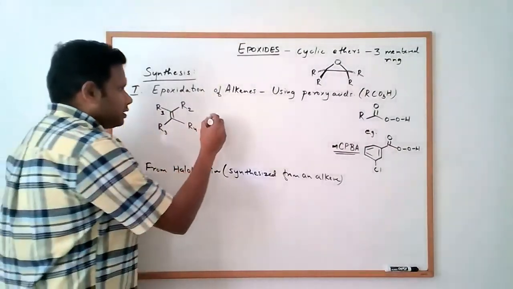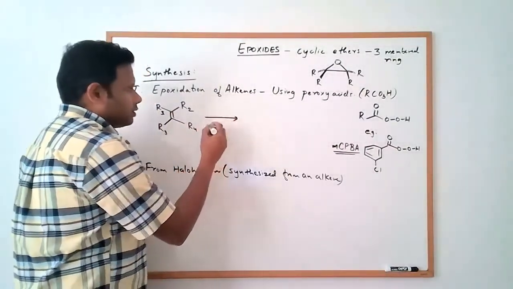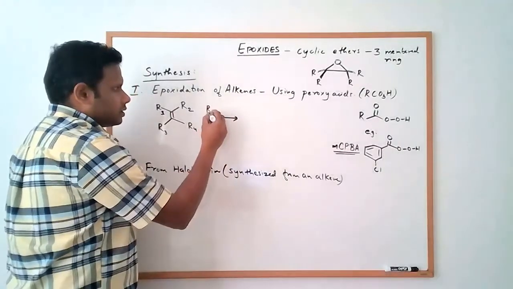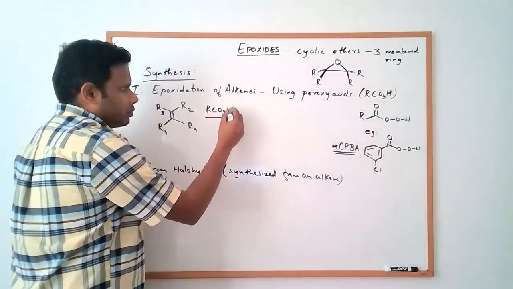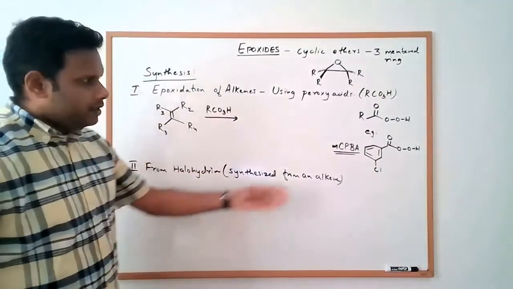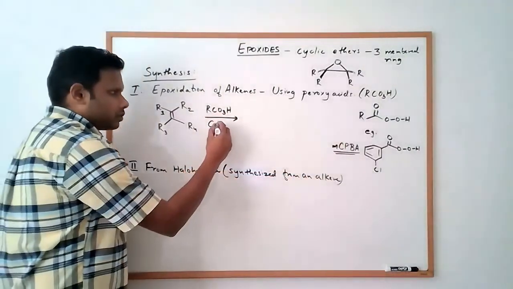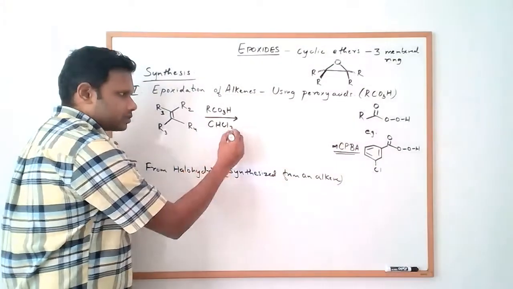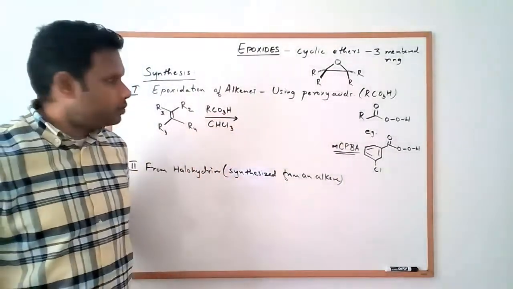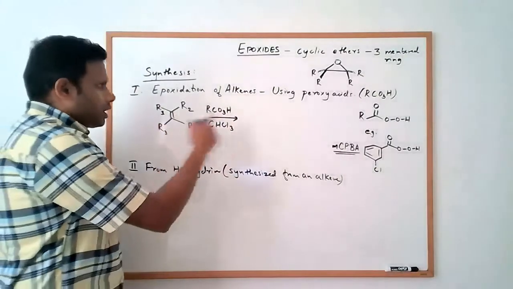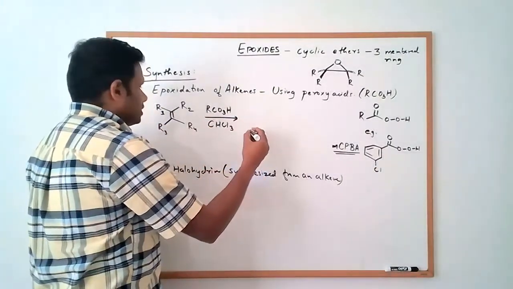When you react this with a peroxy acid, RCO3H, and if it is MCPBA, the reaction is usually done in dichloromethane or chloroform as a solvent. Chloroform is a great solvent for these reactions. What happens is you synthesize the epoxide here.